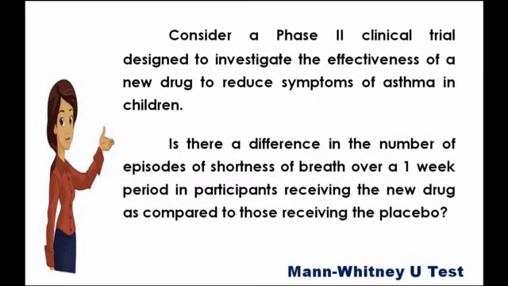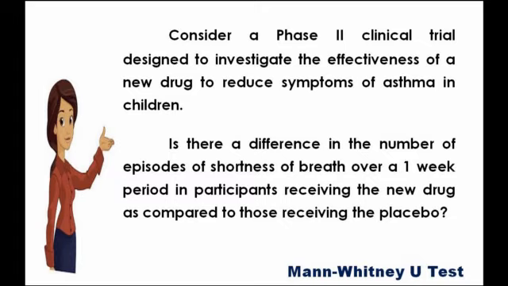Now, in this case, the research question is, is there a difference in the number of episodes of shortness of breath over a week on the randomly selected participants receiving the new drug as compared to those receiving the placebo? Now, the two groups, the first one is exposed to a new drug, and the second one is receiving placebo.